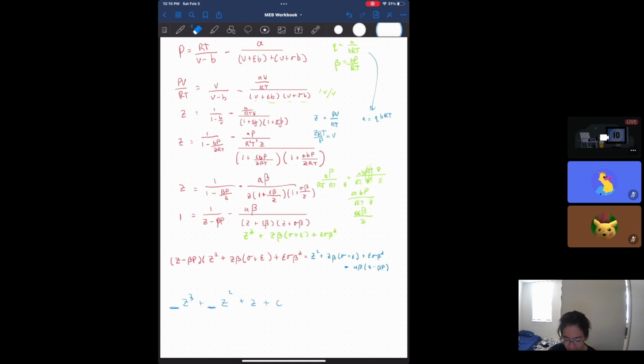And equal to 0. The way we do that is we're going to do some more brute forcing, but we'll do it in a systematic nature. We'll set up a table with z cubed, z squared, z and constant, and then we'll organize everything.